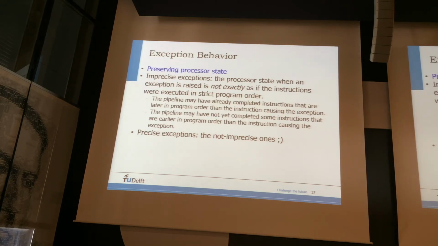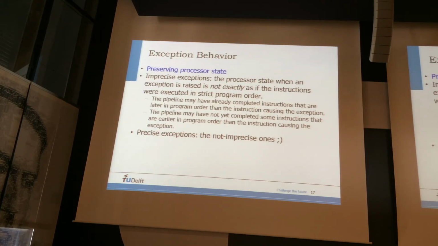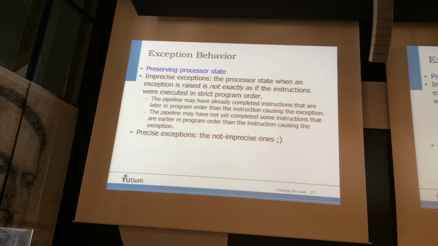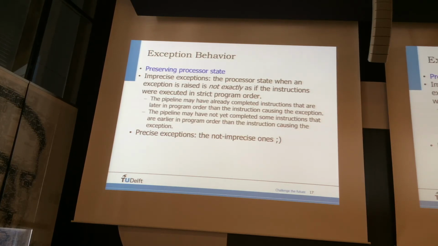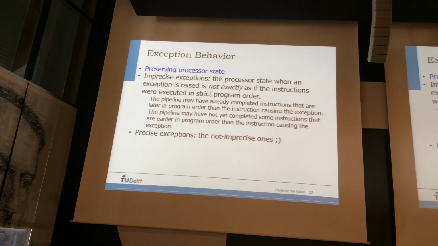If you would run with no parallelism, that exception would occur, and the status of the processor would be A. If you go on ILP, you play with the instructions and you get an exception, it's the same exception, the state should still be A.